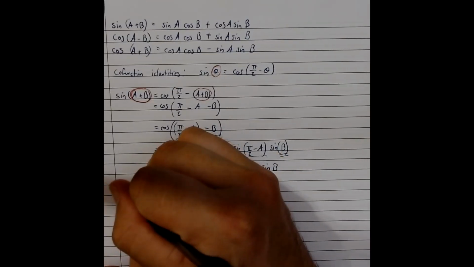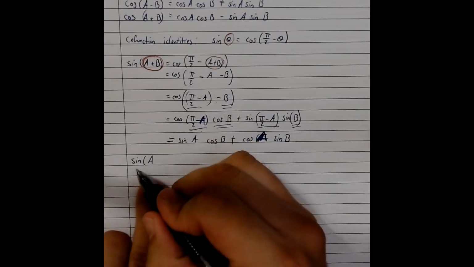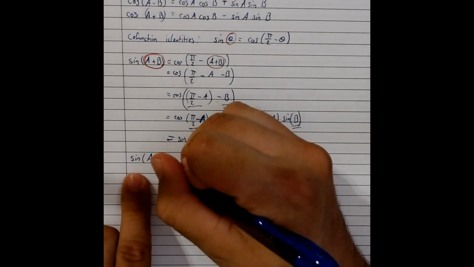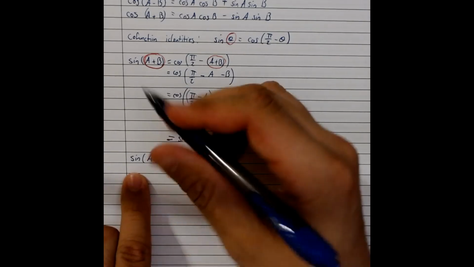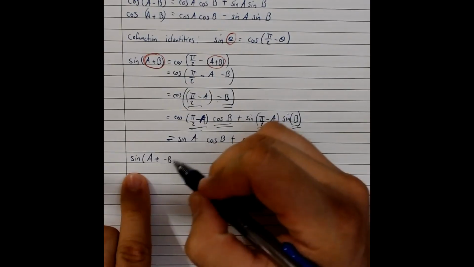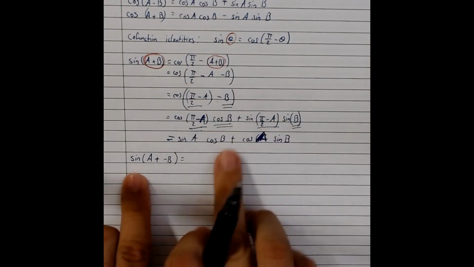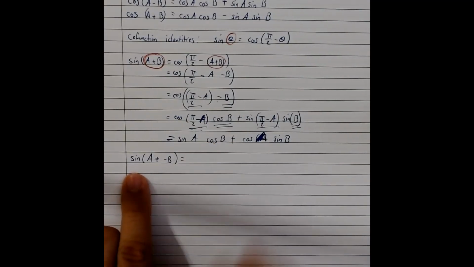We can find now the difference formula because we can say, well, look, sine of A plus B. Okay, well, instead of plus B, let's say that's plus a negative B. Instead of having an angle there, let's have a negative angle there. Well, that'll replace that B and that B with a negative B. The A stays the same.